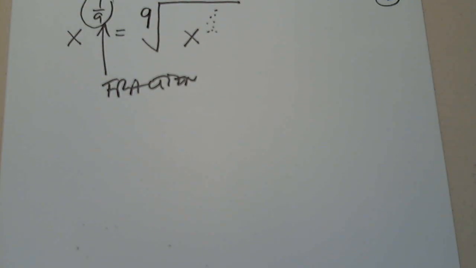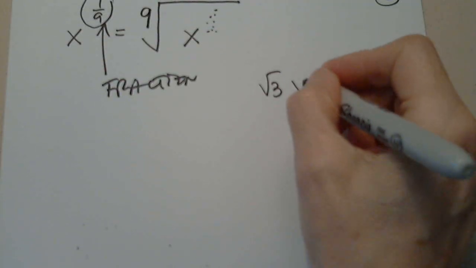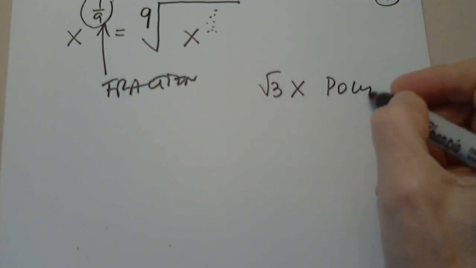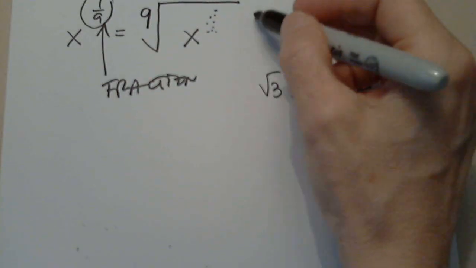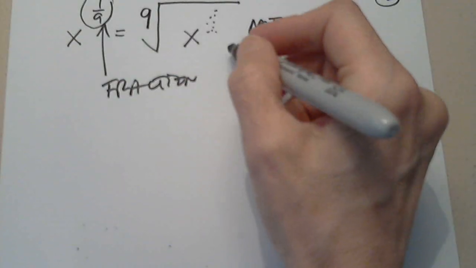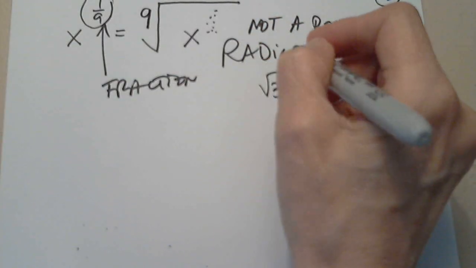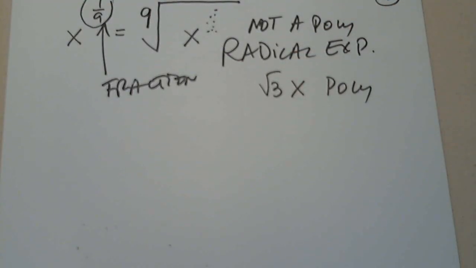So this is never a polynomial. But if I have the square root of 3 times x, this is a polynomial because the square root is not on top of x. This is a polynomial, but this is not a polynomial. This is called a radical expression.